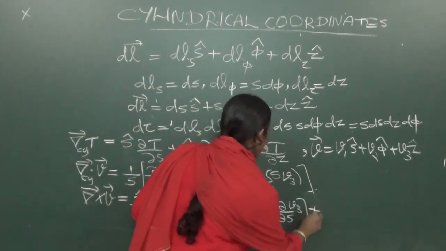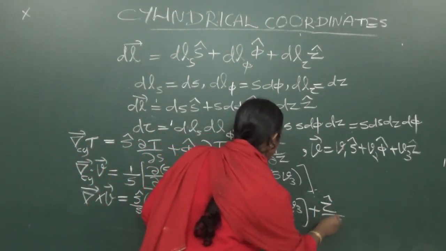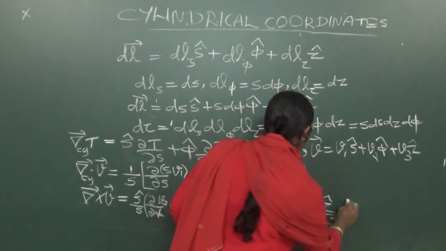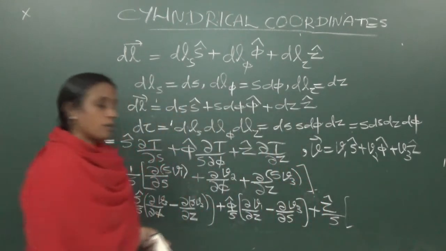This plus, the next component is z cap, all divided by s, which is always along with all components.